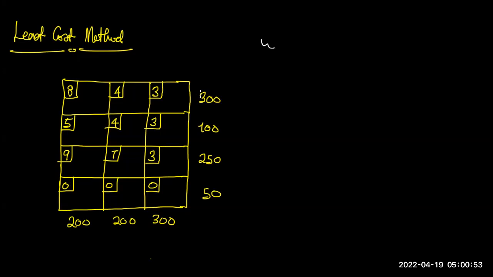So we're doing the least costs. Let's look within which cost is the least. 0, right? Yes, 0. Which of them should we use?